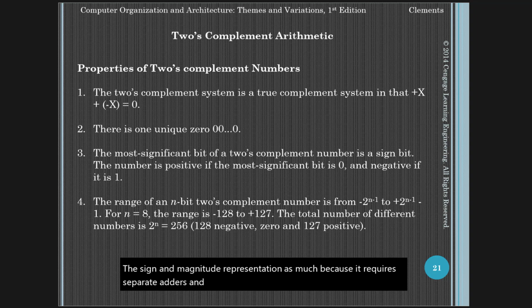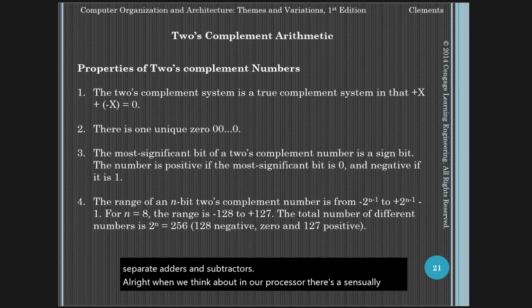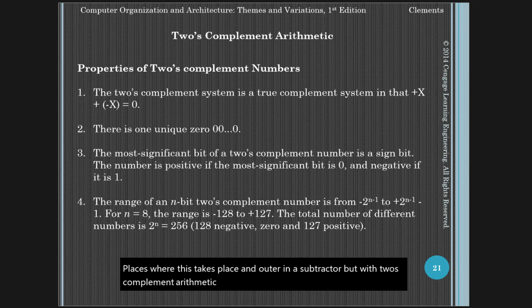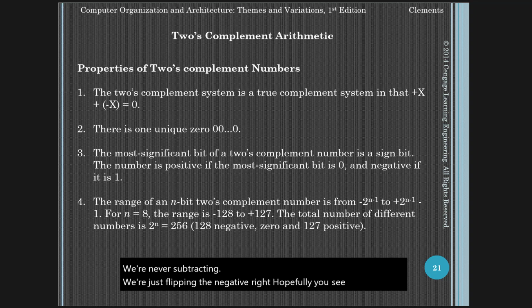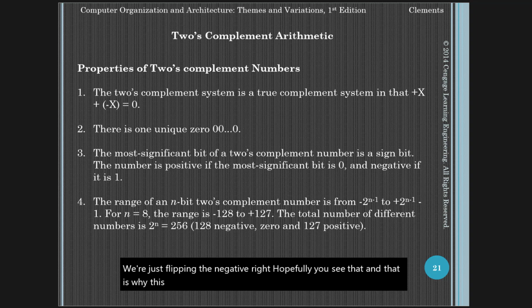When we think about our processor, there's essentially two different places where this takes place, an adder and a subtractor. But with 2's complement arithmetic, we're always adding. We're never subtracting. We're just flipping the negative. Hopefully you see that. And that is why this is attractive, because it's easy to do and it requires much less work by the microprocessor.